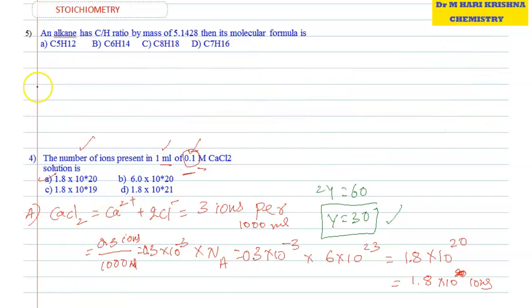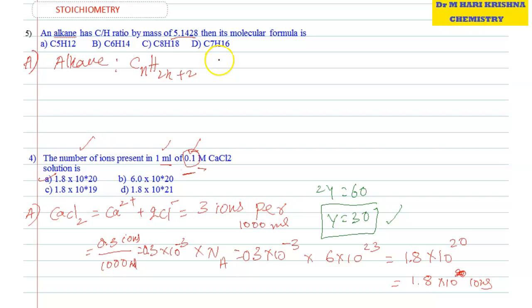An alkane has a C by H ratio by mass of 5.1428. Then its molecular weight is? Here they mentioned alkane, hence the alkane formula is CnH2n plus 2. Then how to find its formula based on mass? Already they have given the ratio 5.1428.